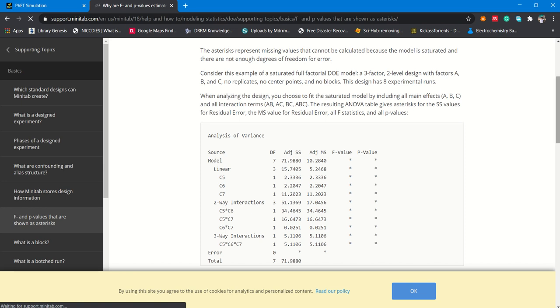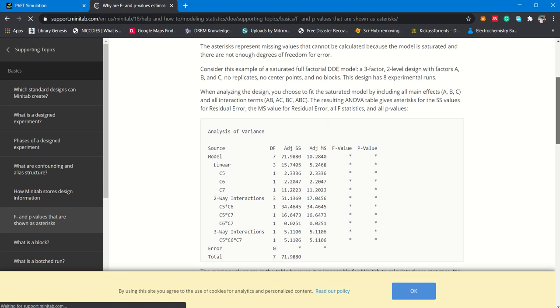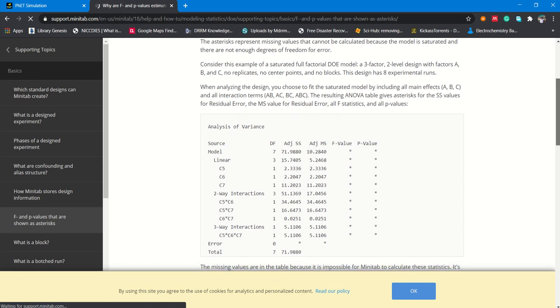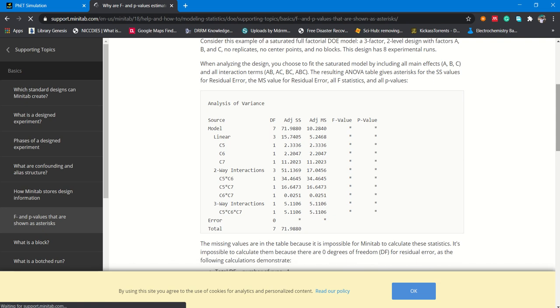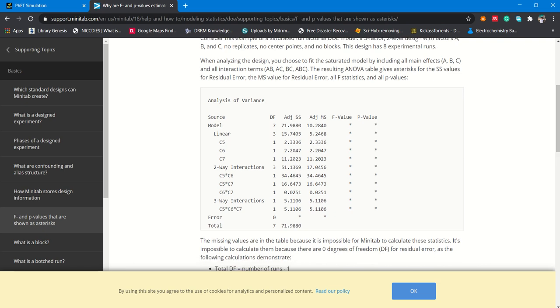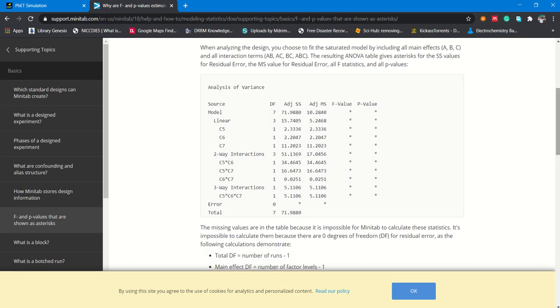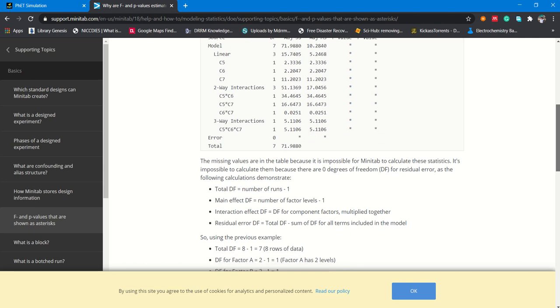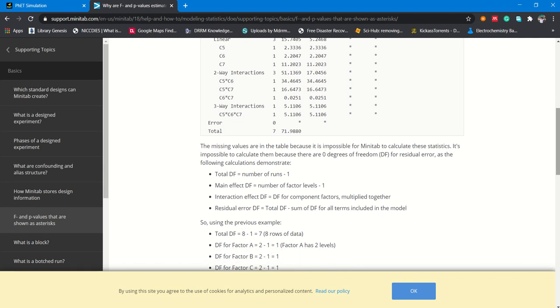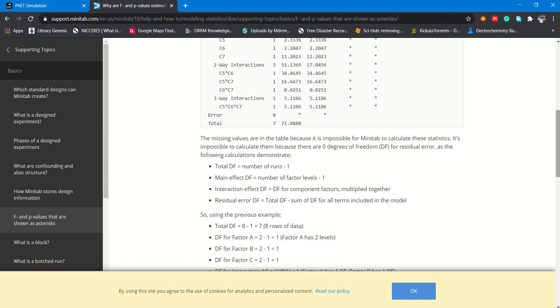So consider an example: saturated, as in you design to fit a saturated model by including all effects. Missing values in a table because it is impossible for Minitab to calculate these statistics. It's impossible to calculate them because there are 0 degrees of freedom for residual error. It means that there is no residual.